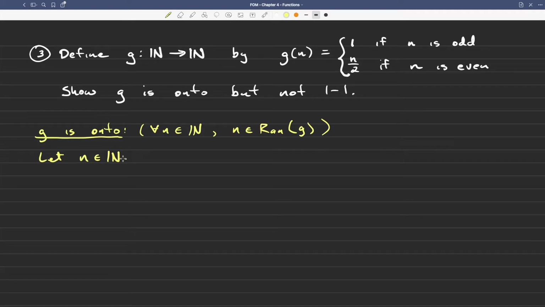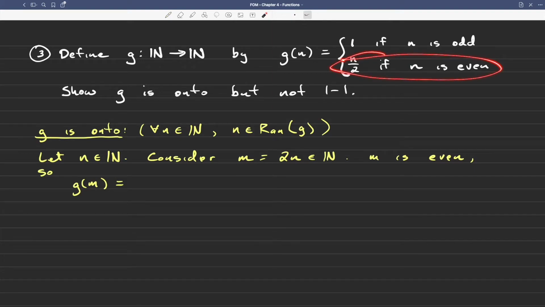Well, if you think about it, this function just takes half of every even number, but every number is half of something. It's half of twice that much. So consider m equal to 2 times n, which is a natural number. m is certainly even because it's 2 times an integer. So if I do g of m, because m is even, I use the second part of the piecewise definition here, and I take half of it to get the output value.